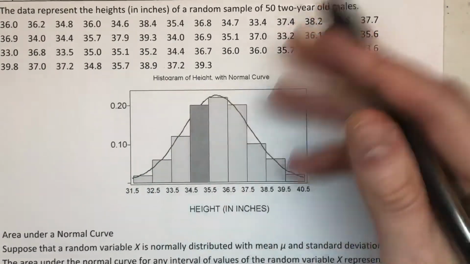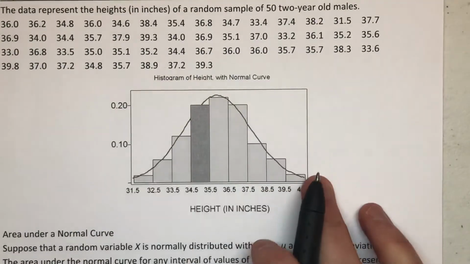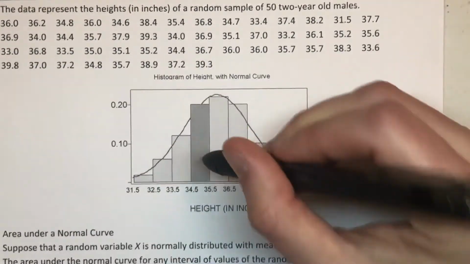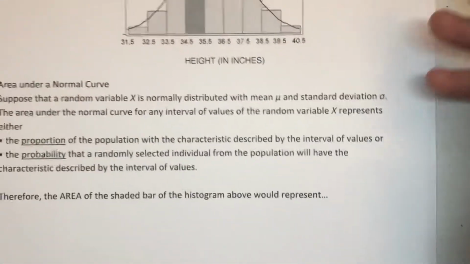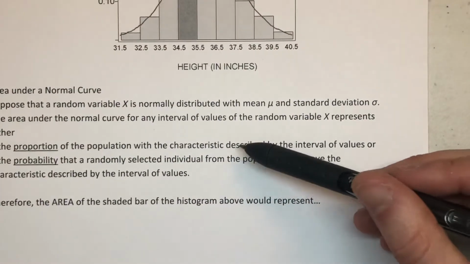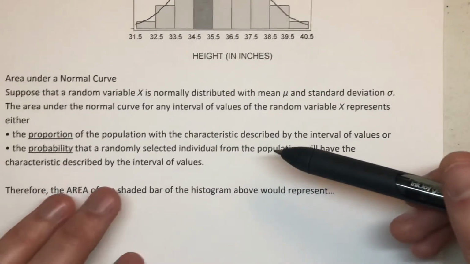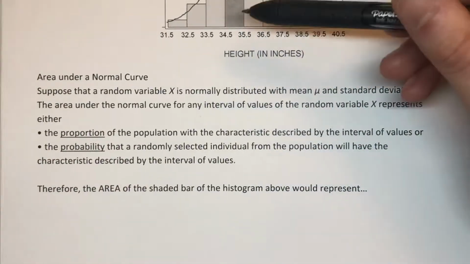So now we've gone away from the uniform distribution where it was just that single rectangle, but it's still the idea of what this area represents. Now, in fact, it actually represents two things. And so down here, we've got what I'll call the two translations, the two interpretations of area under the curve.